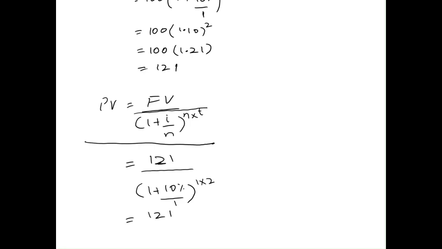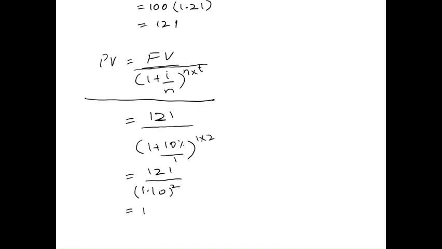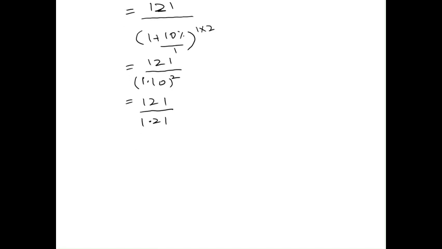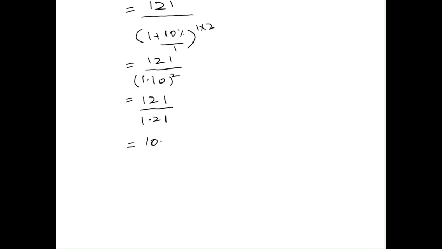So it'll be 121 over 1.10 to the power 2, and then 121 over 1.21, which comes out to be $100.